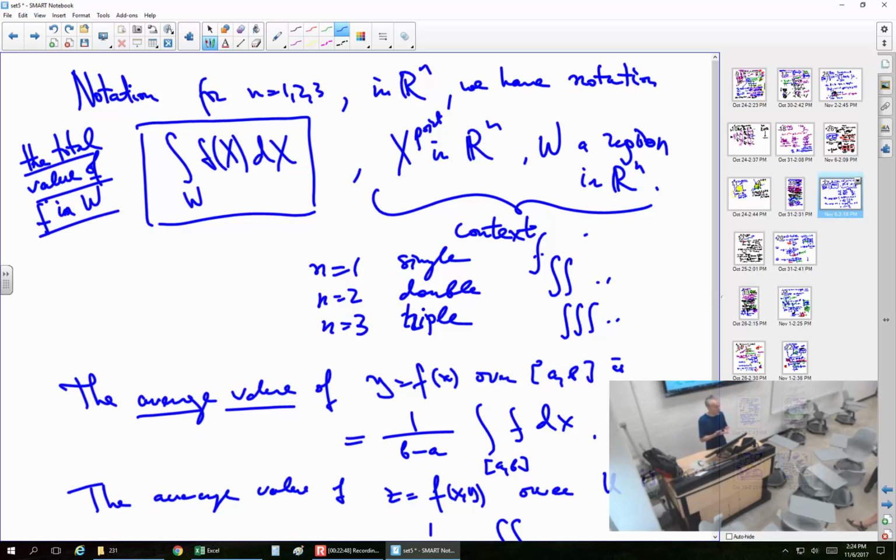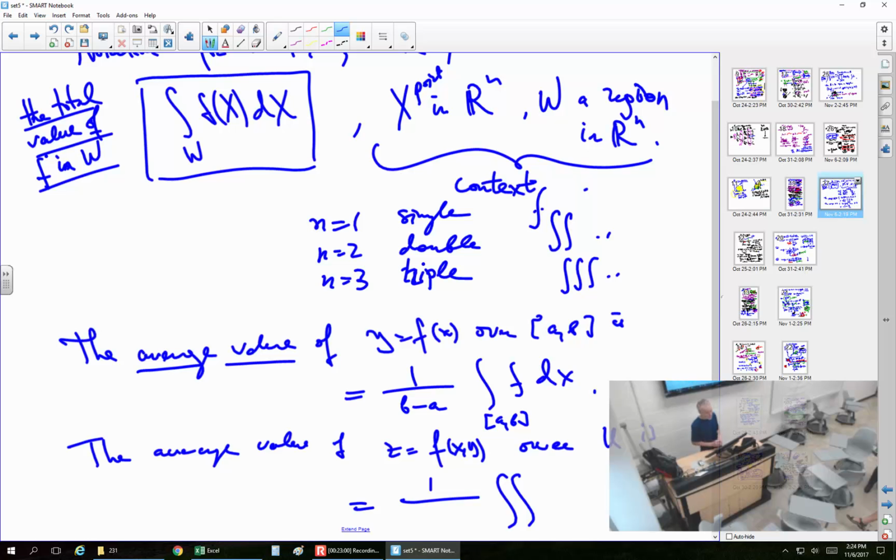And when you have the total value of a function, then what is the average value? Think about this by analogy. This is how we average: we take the total value and divide by what? The region is not a number. B minus A is a number. So this is the length.